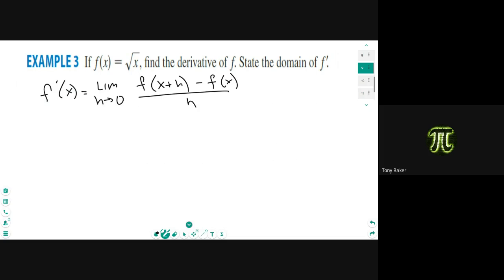One hint I will give you to make your life a little easier: ignore the h on the bottom. All the work's on the top. Sometimes, especially when you're going to have fractions over fractions, write the top first and see if you can clean up anything there before you deal with the bottom.